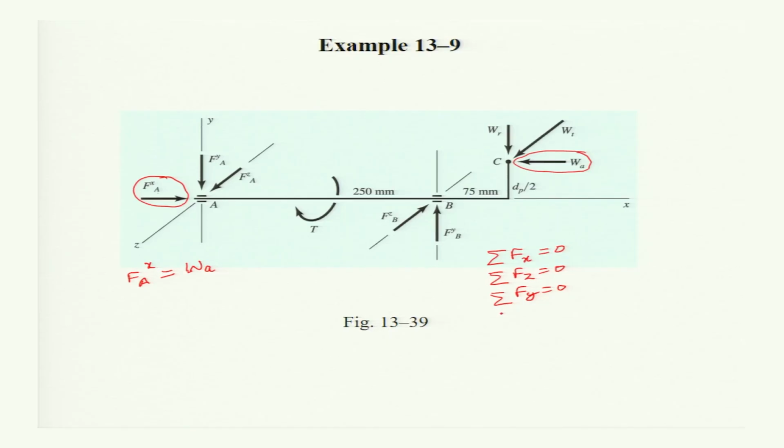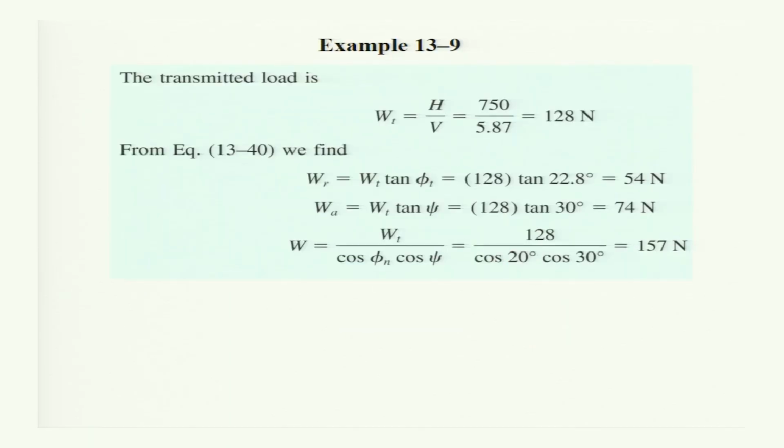The first equation we have already used. The other three equations will be the summation of moments about the x axis equal to 0, and the summation of moments about any other axis we will take as equal to 0. So, we will have these equations and we will easily get the unknowns, and that is done here.